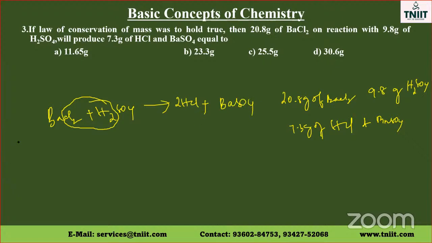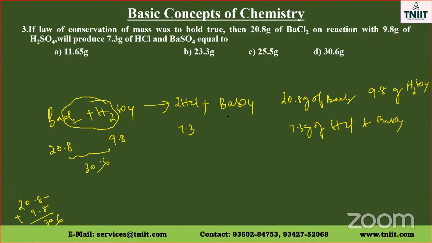So as per the question, 20.8 grams of barium chloride and 9.8 grams of sulfuric acid gives 7.3 grams of HCl. So 20.8 plus 9.8 is 30.6. So the total mass is 30.6.